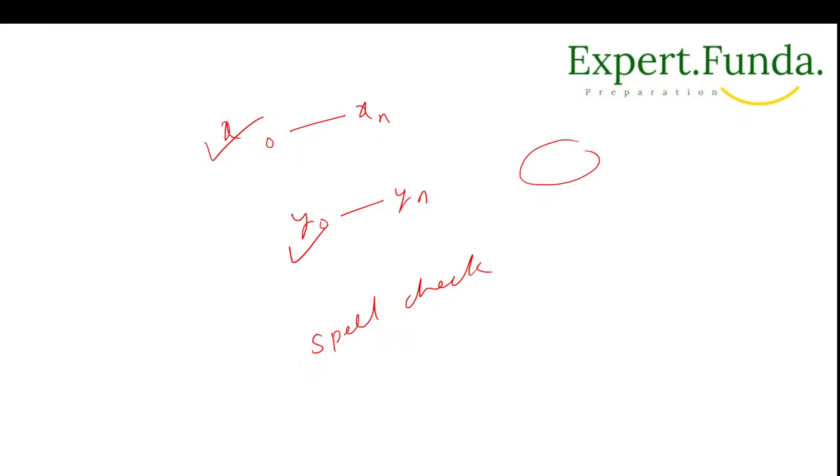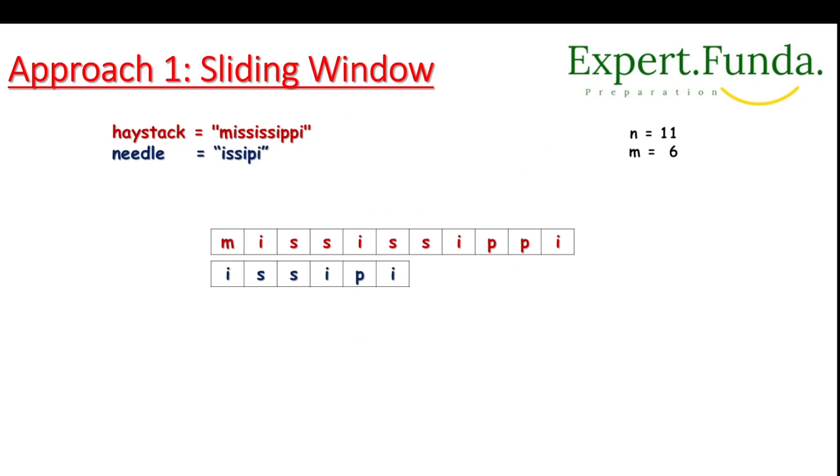Okay, so I'll suggest that this is very important, and we will use a sliding window in this approach. This is the example we have given: let's suppose we have given a haystack and another is the needle.